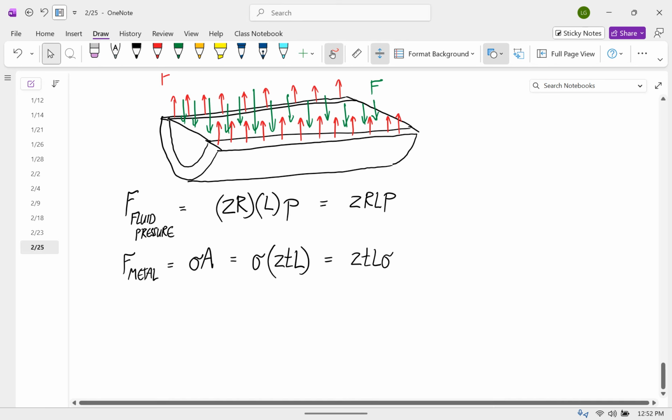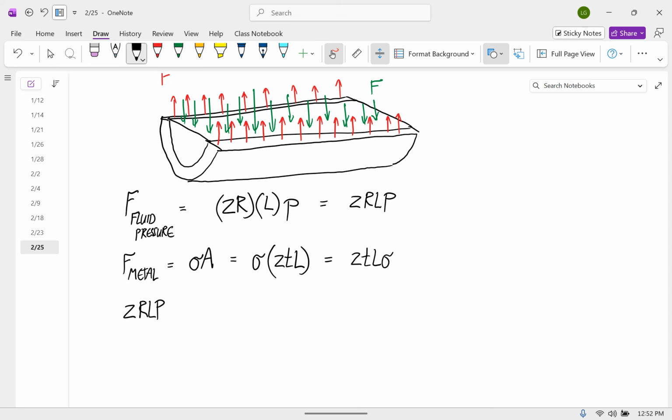Now for static equilibrium, we'll set these two equal. There are L's on both sides that cancel, 2's on both sides that cancel.